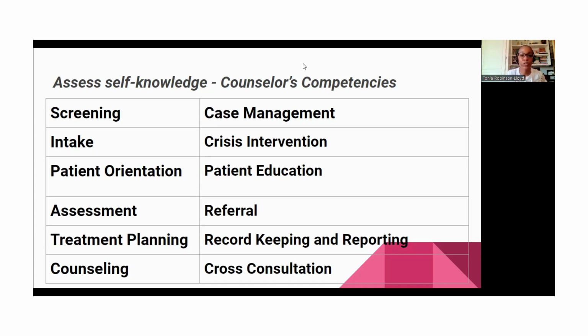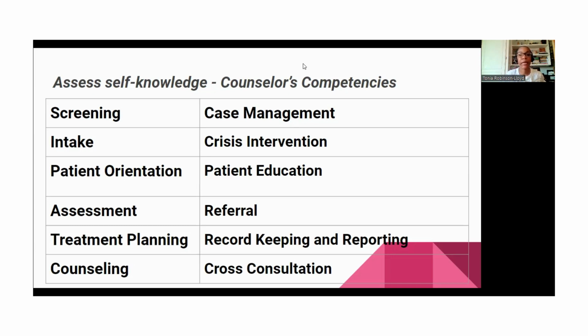We have patient orientation, orienting them to the company, the expectations, and of course, what they could do if they are not satisfied with services and where they could go. We have treatment planning, understanding when to do treatment planning and the best modalities that would serve the client because it's a partnership between the client and the clinician.